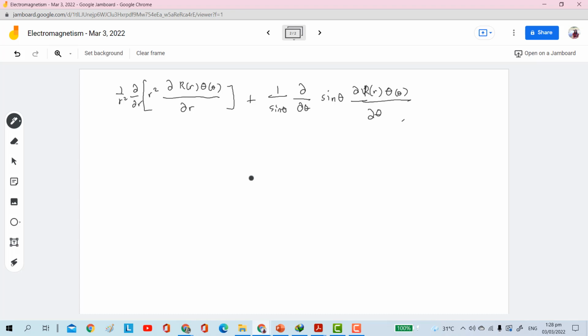In order to separate this, we see that there is no theta here, and likewise no r there.